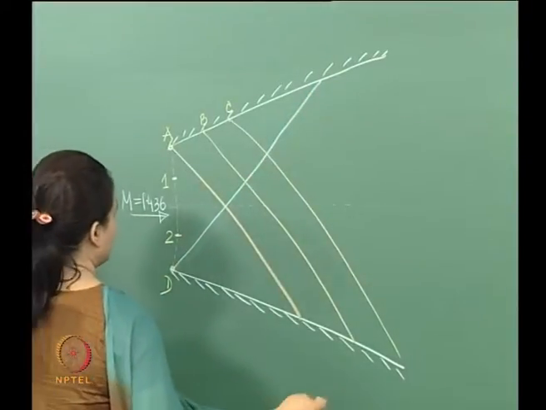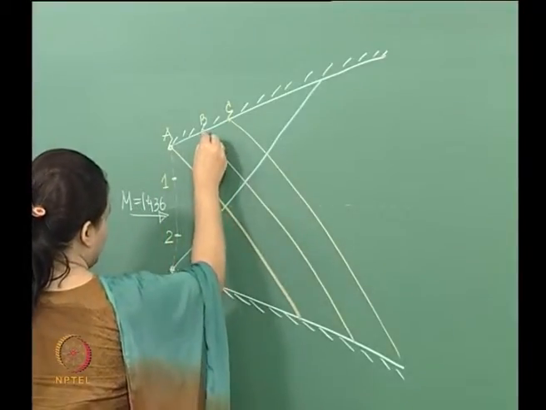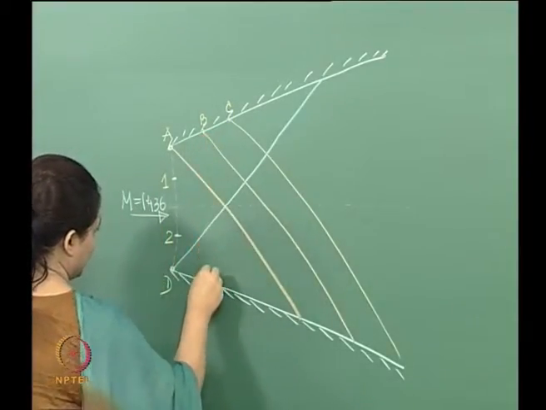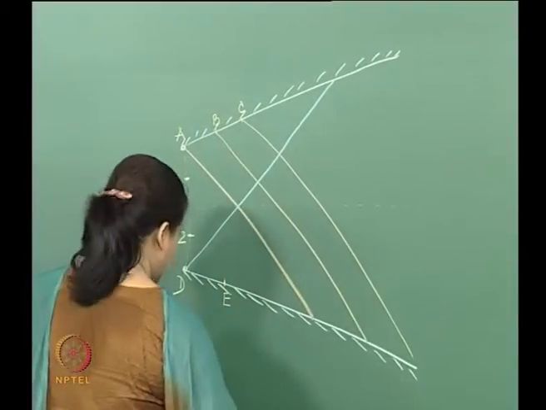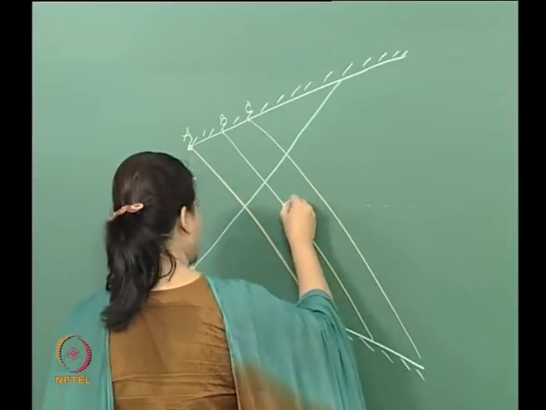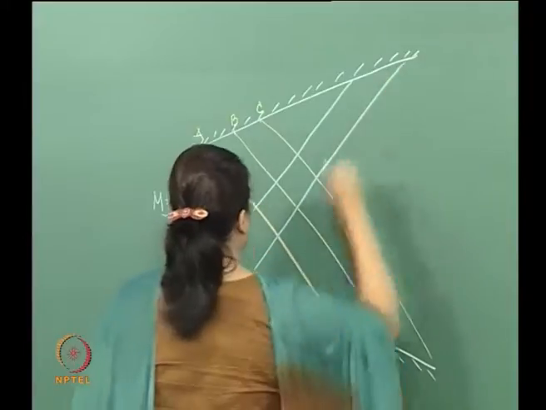Correspondingly, I'm going to take this point right here and say I have E, and then run another one through this point like that.